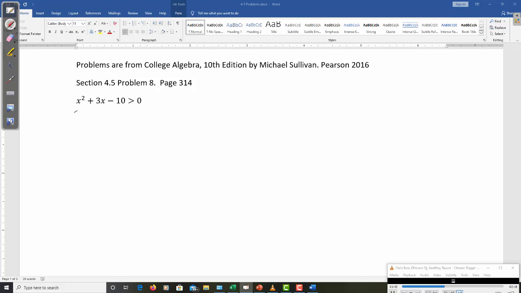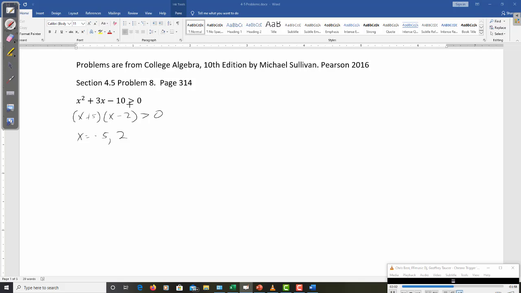Because if you think about it, we get x plus 5 and x minus 2. When we get -5 and positive 2, these are not solutions, but they are boundaries.